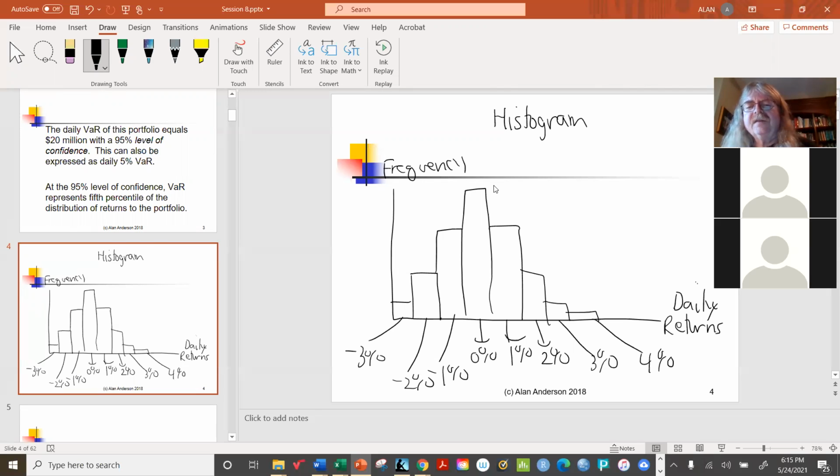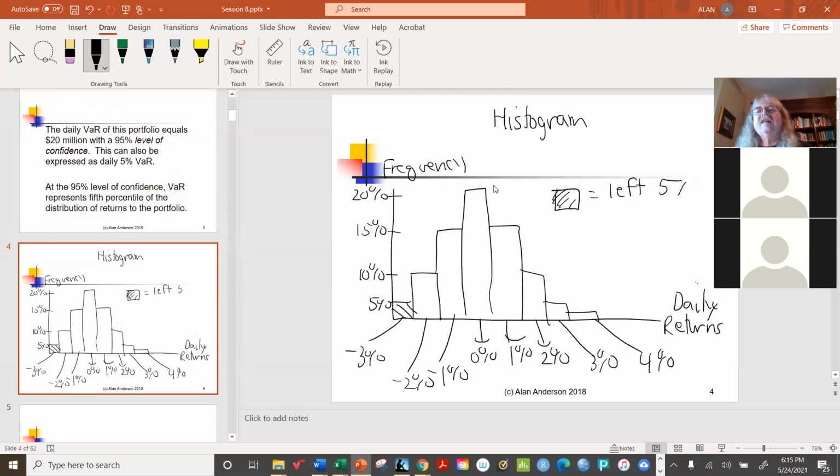So it's hard to tell by the way I've drawn it, but let's just say this represents 5% of our outcomes. Okay, so that shaded region could be thought of as the left tail, or left 5% tail, of a probability distribution.